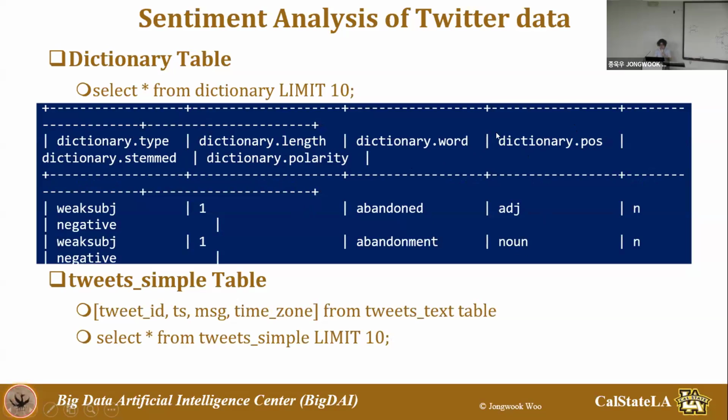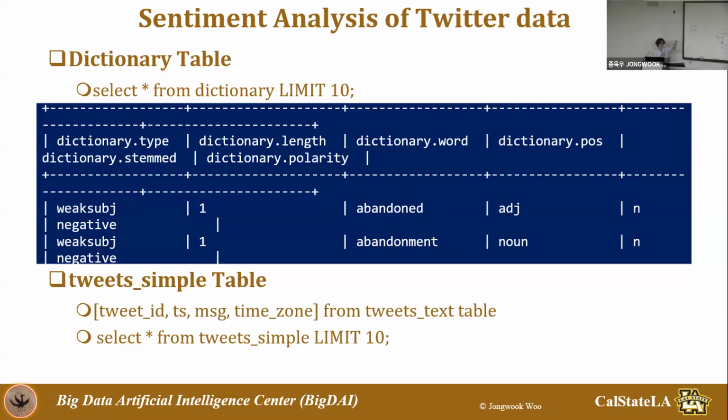But the most important columns useful for this dictionary table are the word itself and its polarity. So if you have a word named abandoned, it's negative, right? And if you have abandonment, its polarity is negative. So you could have a sentiment dictionary that you can use for sentiment analysis.